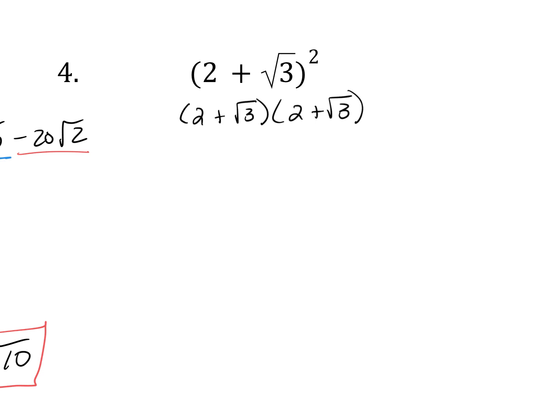And then from here, you guys know how to solve this. So either using the FOIL or the box method, go ahead, pause your video, and check your answer. Actually, I'm going to go ahead and solve it, but you just pause the video, okay? All right, I'm going to personally use the box method, but you should get the same answer regardless.